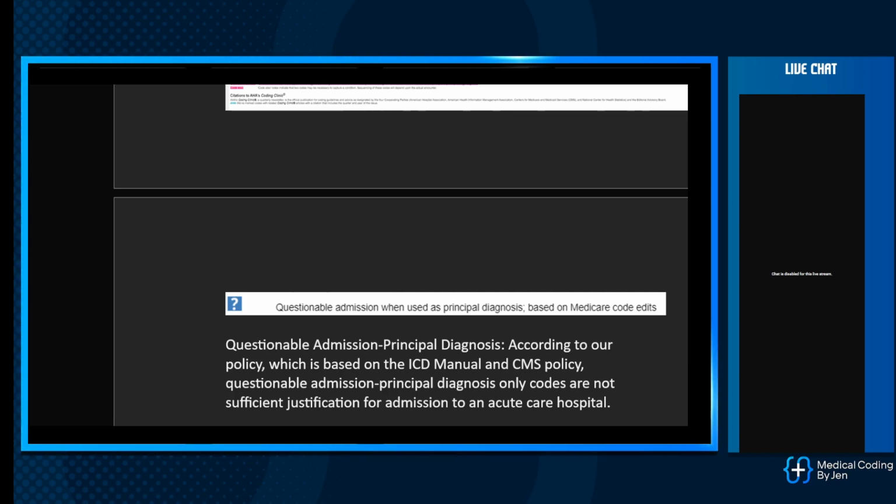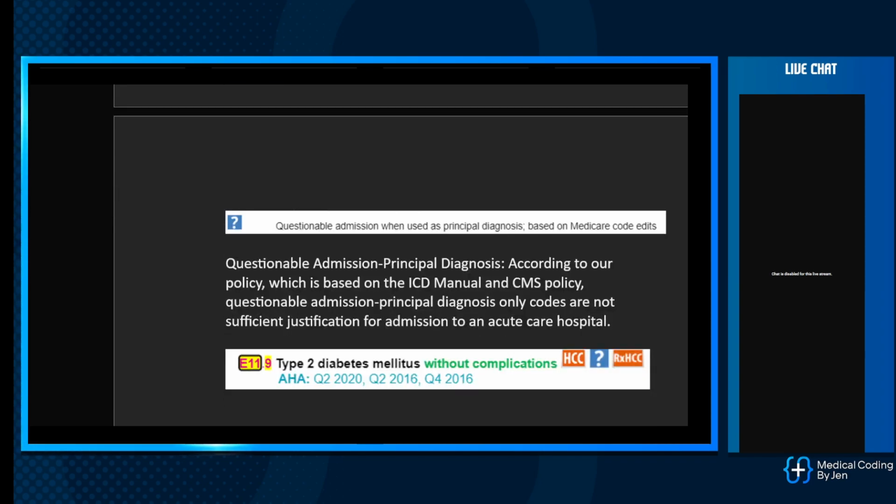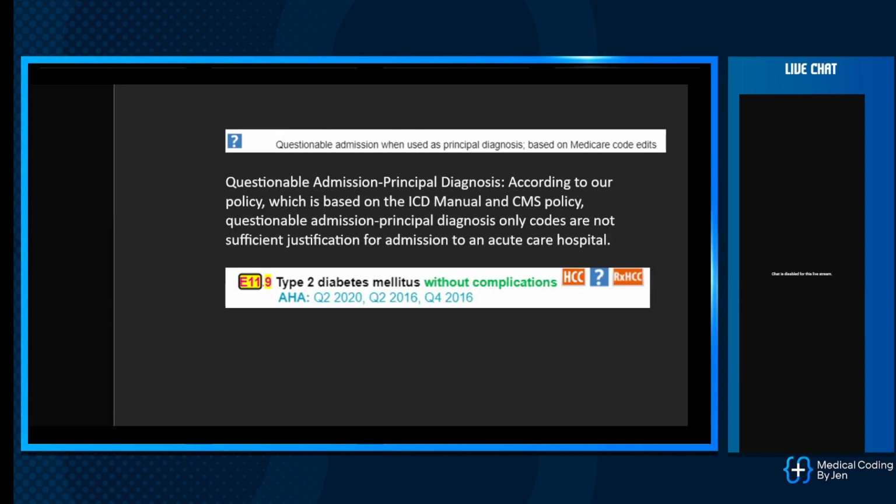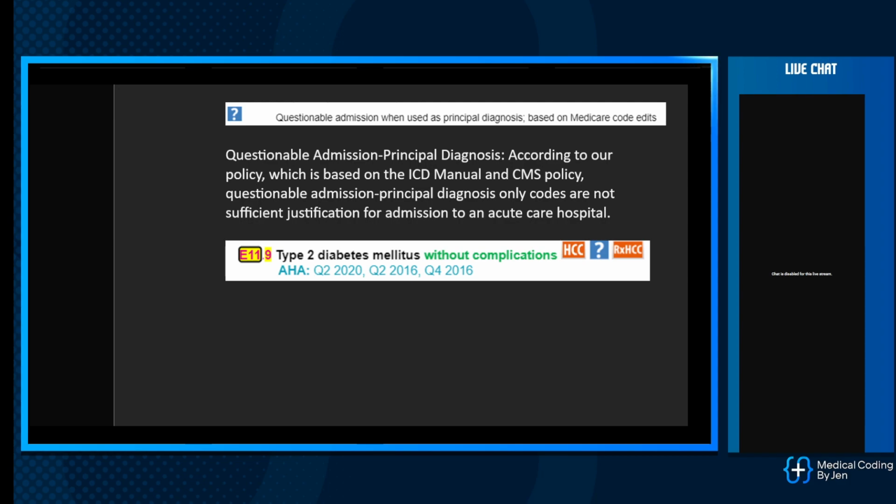According to the policy, which is based off the ICD-10 manual and the CMS policy, questionable admission, principal diagnosis only codes are not sufficient justification for the admission to an acute care hospital. So, for example, if we look at E11.9, that particular ICD-10 code says type 2 diabetes without complications.